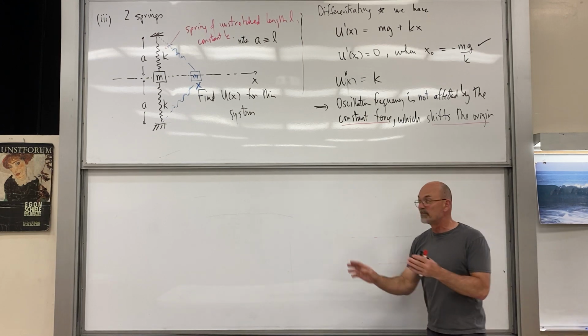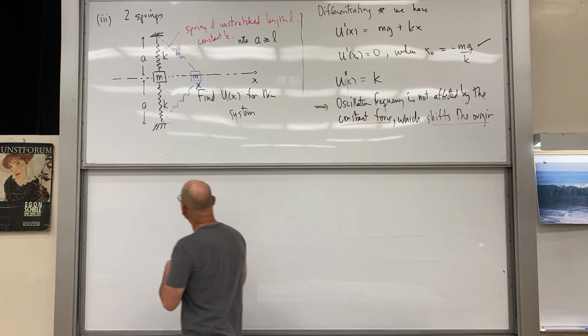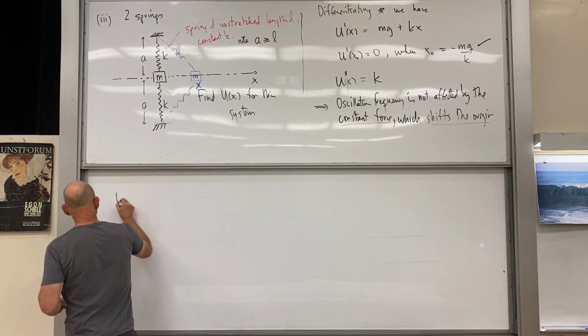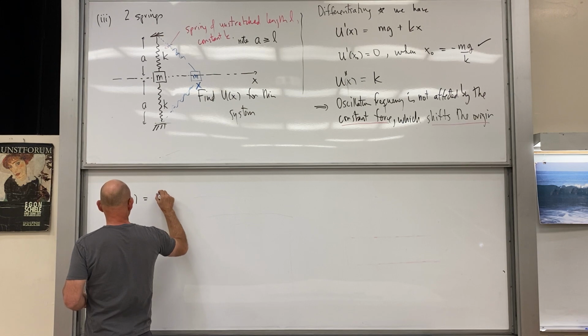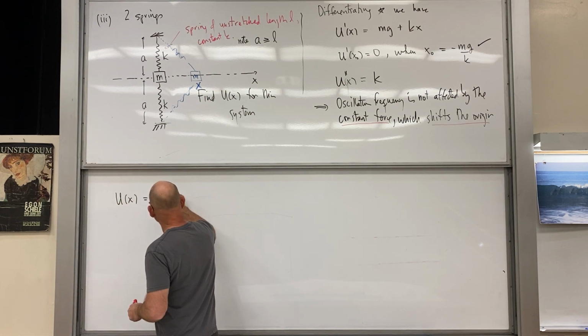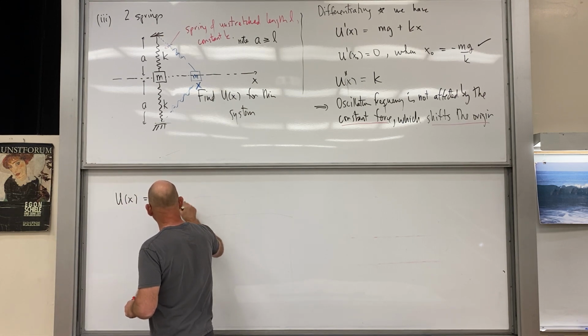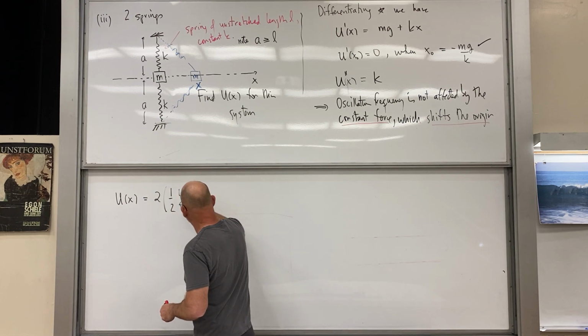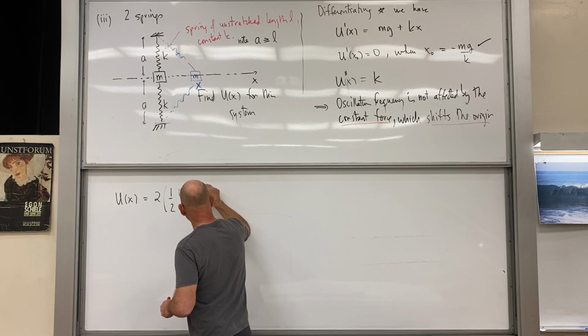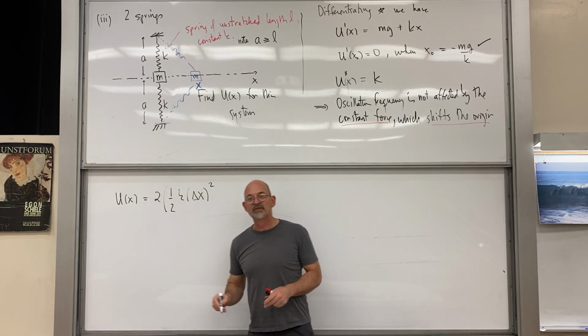The thing has been constructed symmetrically, so we'll put a 2 in front of it, so U of X is equal to 2 times 1/2 K, and let me just write now delta X squared, how much it's been stretched.